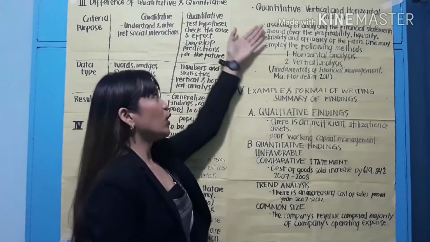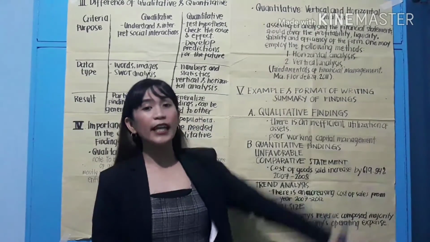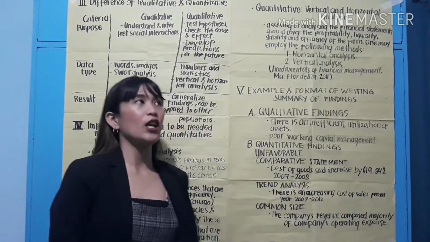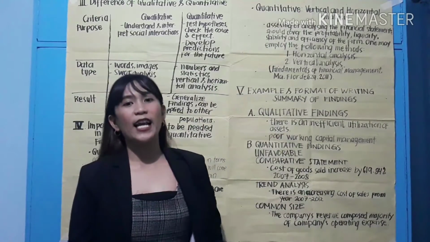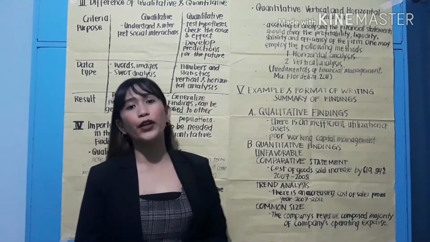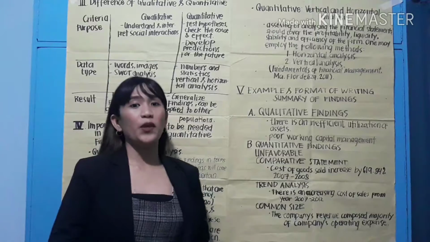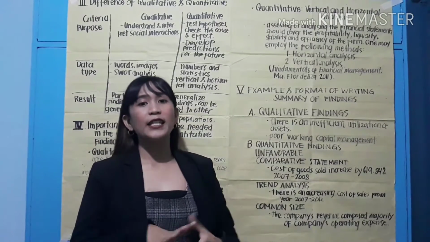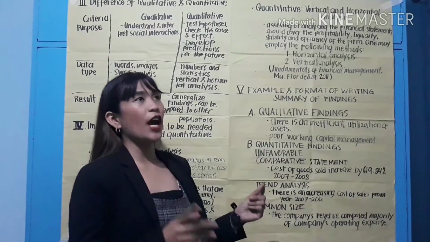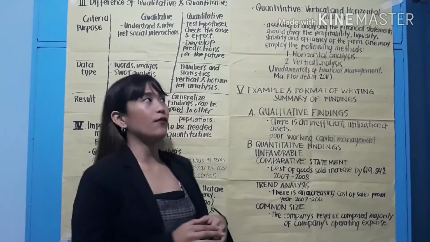What we need in quantitative findings is the vertical and horizontal analysis, wherein assessing or analyzing financial statements should cover profitability, liquidity, activity, and stability. Under the stability is the leverage and solvency.